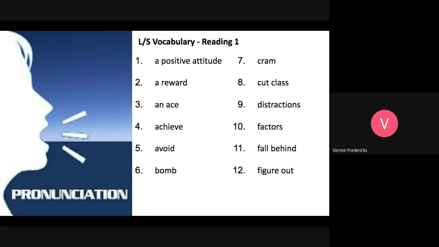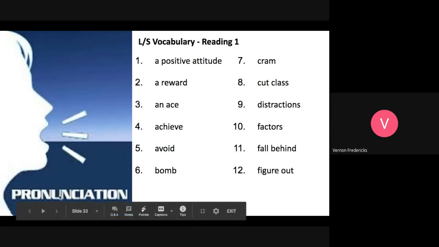Factors are things that help the situation and may lead to a negative or a positive result. Fall behind is not to be on the same path as people that are ahead of you. Figure out is to realize something.